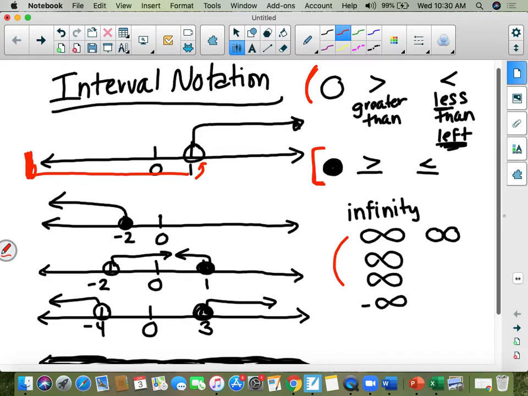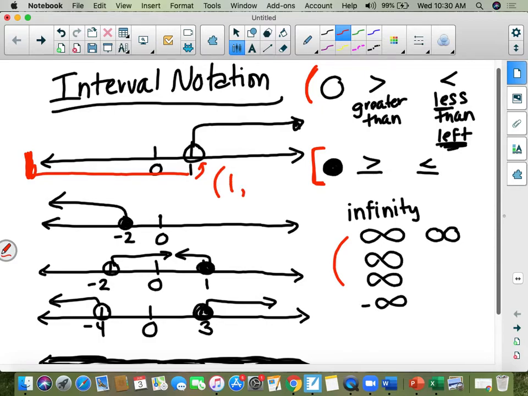Interval notation is very important at the Algebra 2 level because you need it for college algebra, for AP calculus, and for higher level math classes. So notice as I scan the number line from left to right, my shaded area starts at 1 and it's an open circle, so I'm going to put a parenthesis right there, and I'm going to put a 1.